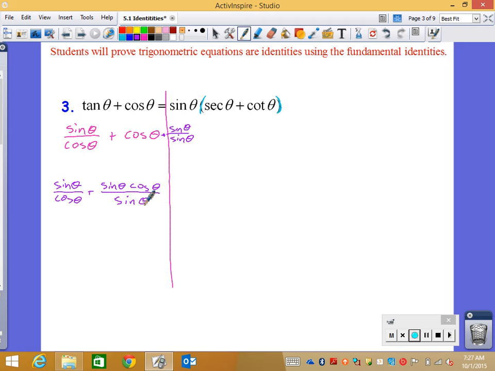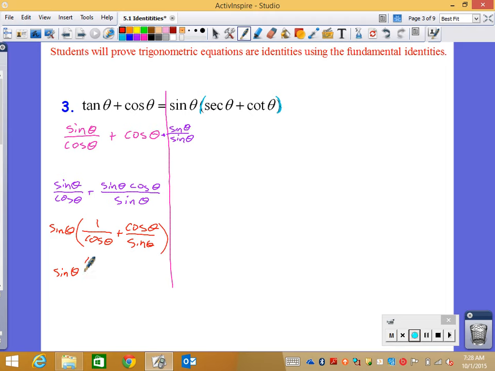So now I have a sine theta in both terms, so I can factor it out. What am I left with? On the left, 1 over cosine theta, plus, on the right, I'm left with cosine theta divided by sine theta. Well, how about that?